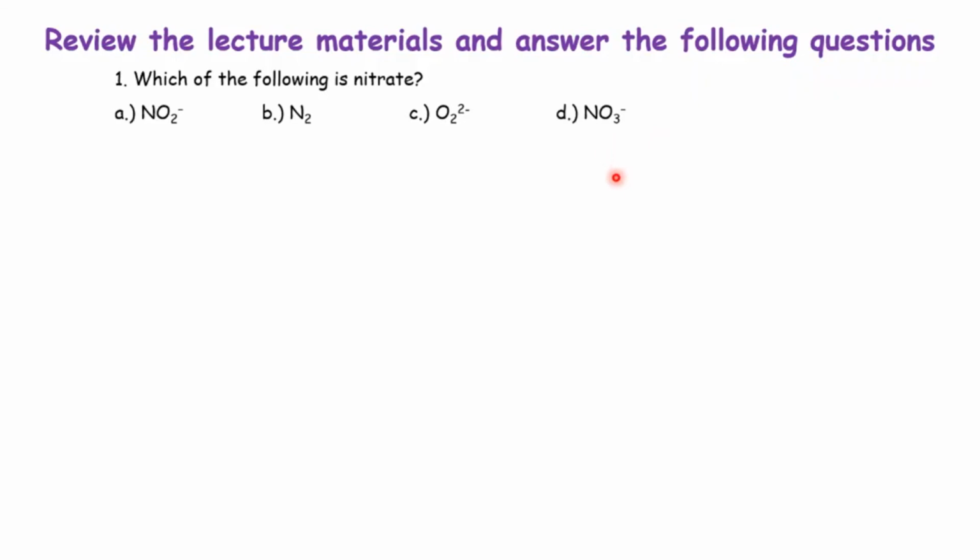Quiz number 1. Which of the following is nitrate? So you really have to know the formula and the name in order to answer this question correctly. I just talked about nitrate and nitrite. So this one is actually nitrate, this one is nitrite.